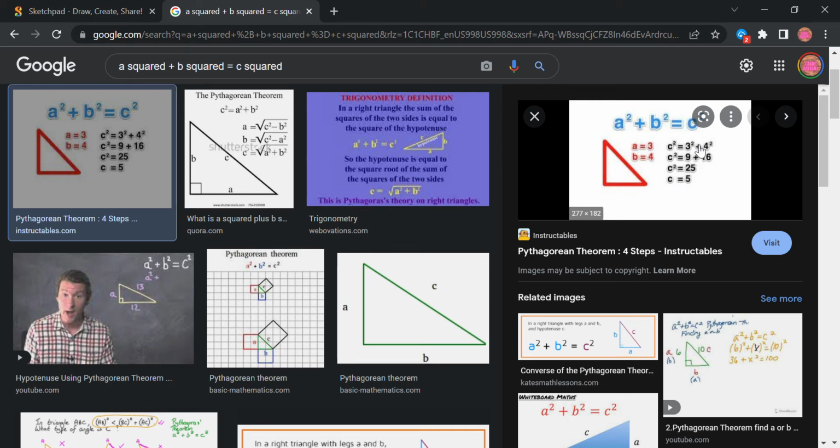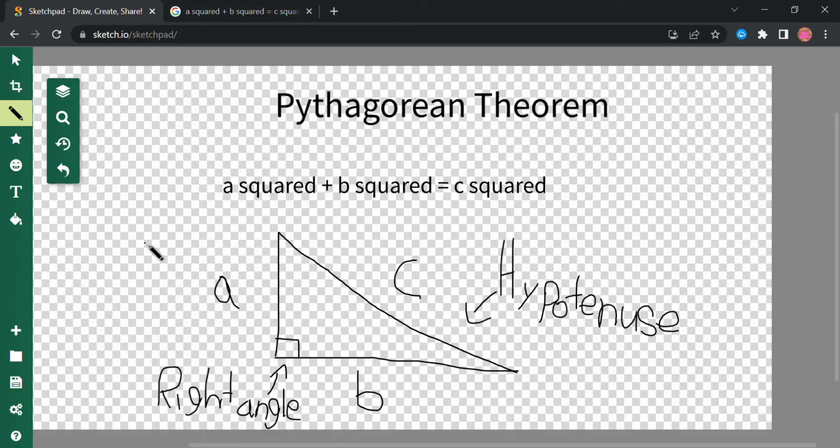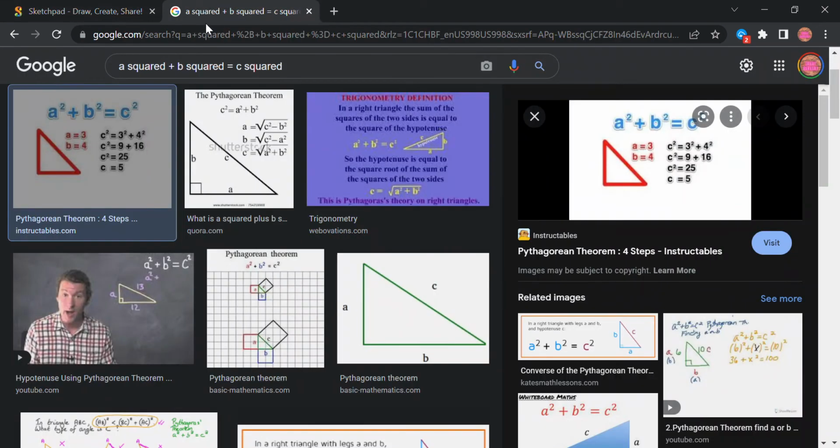Let's say a here, like they have here, is 3, and b squared is 4, and then c is what? 5. 3 squared equals 6. B squared, or sorry, 4 squared, oh my goodness. 4 squared equals, what did they do actually? 3 squared is 6, plus 4 squared is 8.